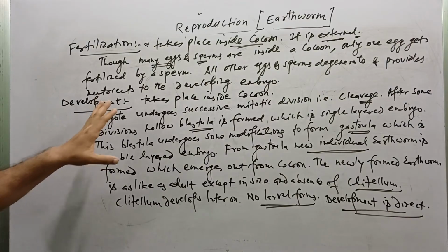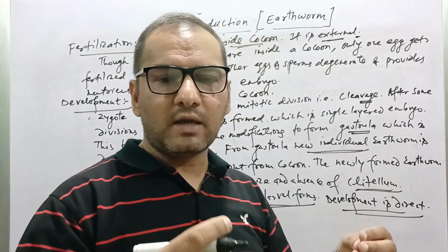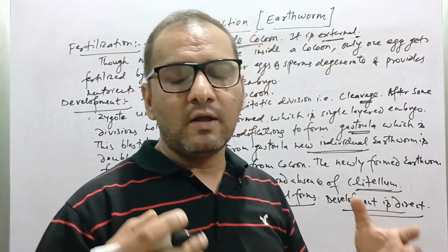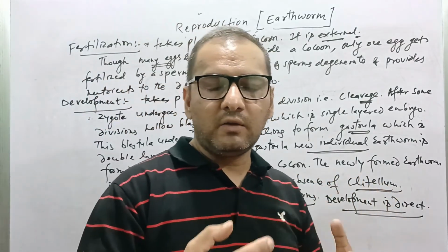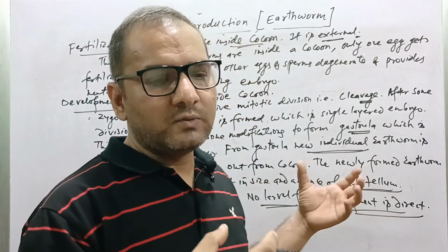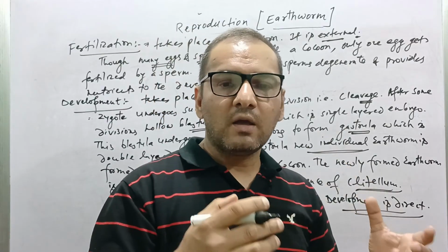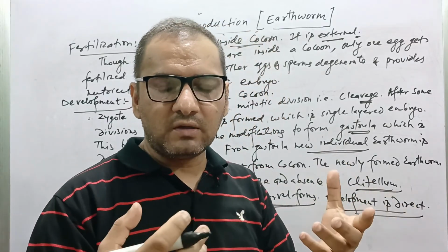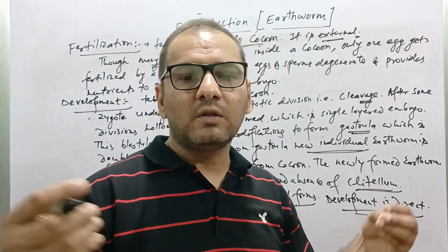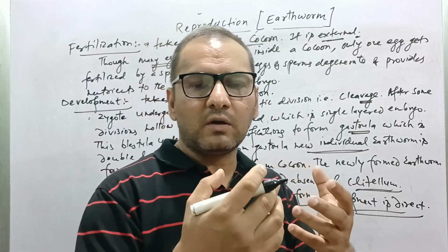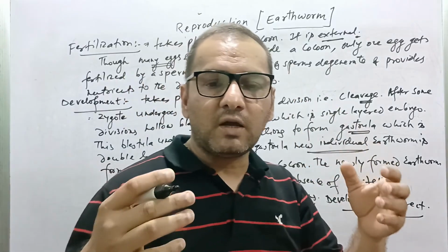So what we have studied, the process of development, takes place inside the cocoon, and during the process of development the zygote undergoes successive or repeated mitotic division, which is called cleavage, and by cleavage after some divisions there is formation of a hollow single layered embryo called blastula, and this blastula undergoes some modification to form the gastrula, and from the gastrula, which is a double layered embryo, the new individual earthworm is formed, which emerges out from the cocoon, and is just like the adult.